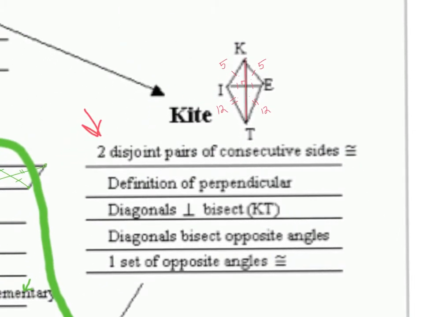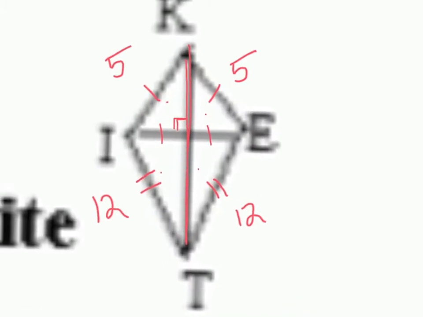Okay, and the last two kind of go together. It says the diagonals bisect opposite angles, and then one set of opposite angles are congruent. So if we're looking at this kite, the ones that get bisected are the top and the bottom ones.